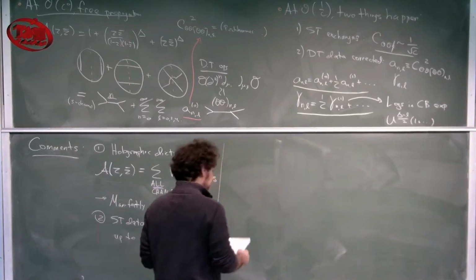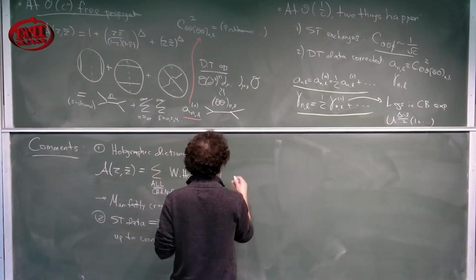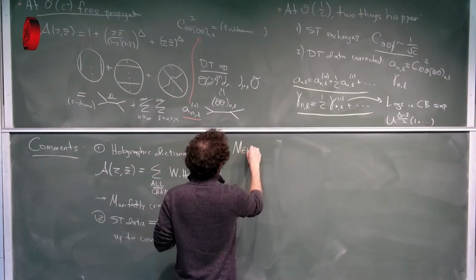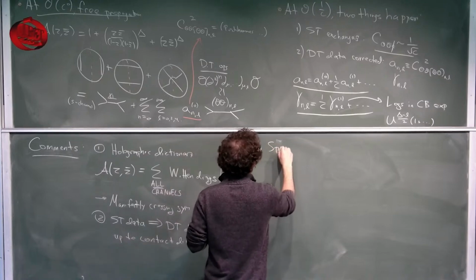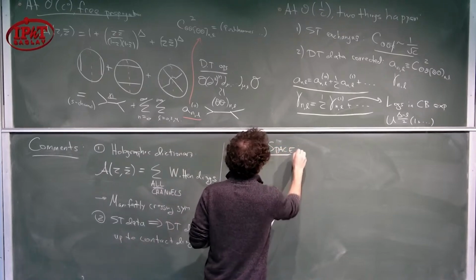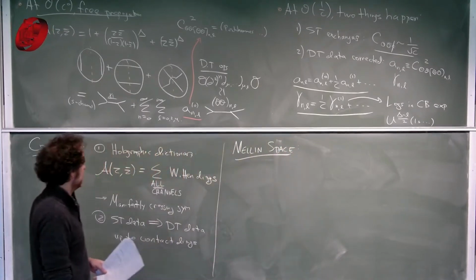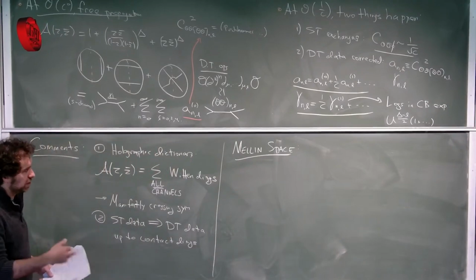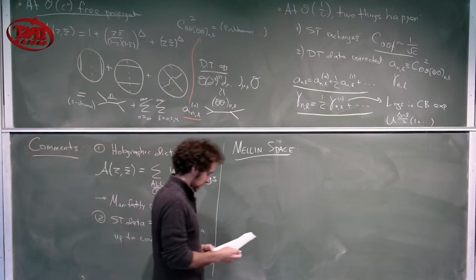So let me introduce Mellin space. This won't take up too much of our time, but I think it's worth it because I want to bring the treatment of holographic correlators more to present day, and these position space methods are slightly old-fashioned.